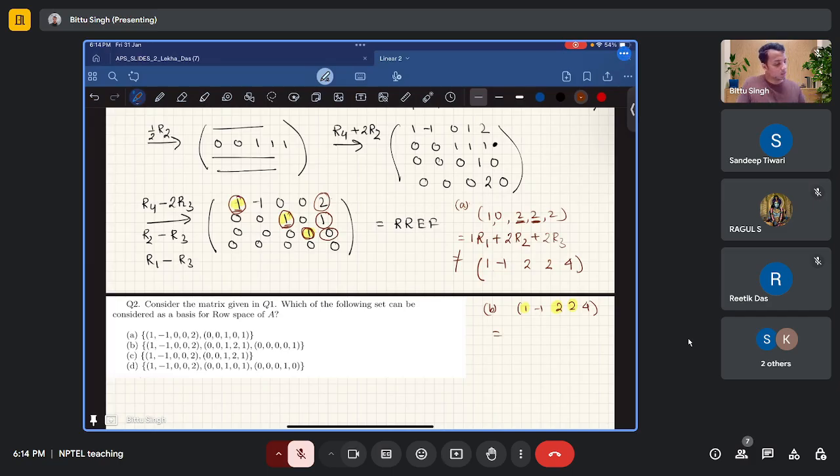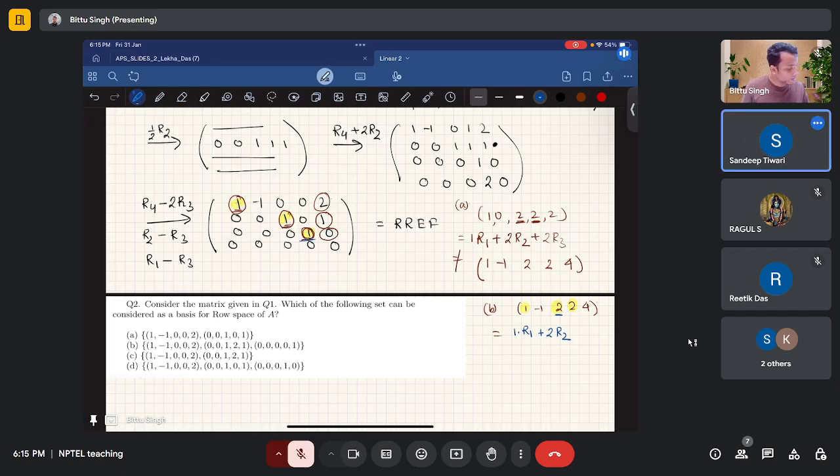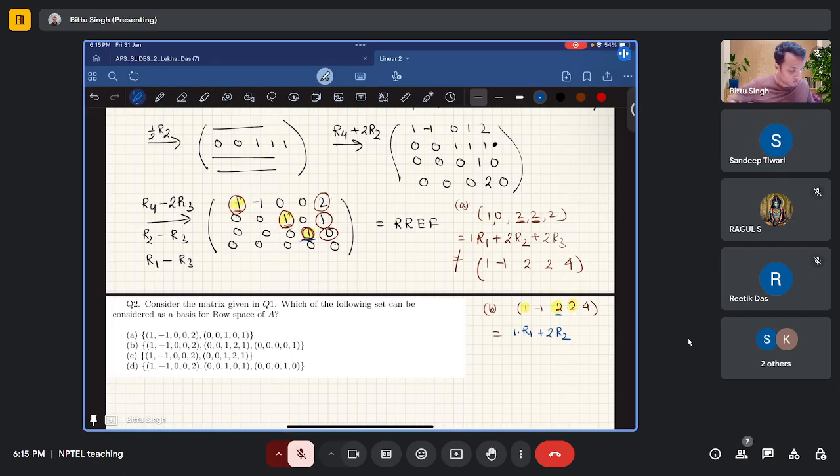From here you can see that if there is such a combination, then it should be 1 times R1. Then the third place is 2 here, so it is 2 times R2. And the third row contains 1 in the fourth place, but here the fourth place is 2, so it should be 2 times R3.